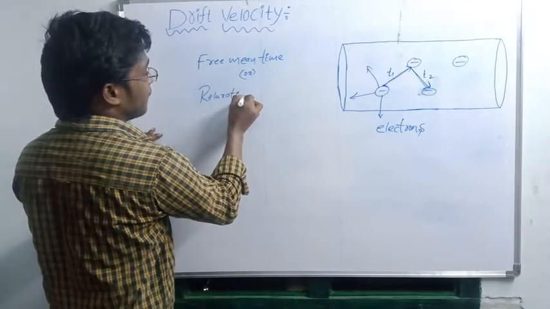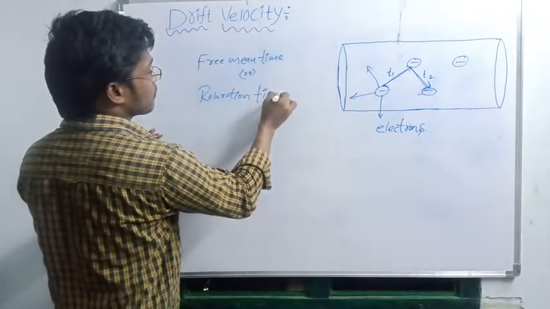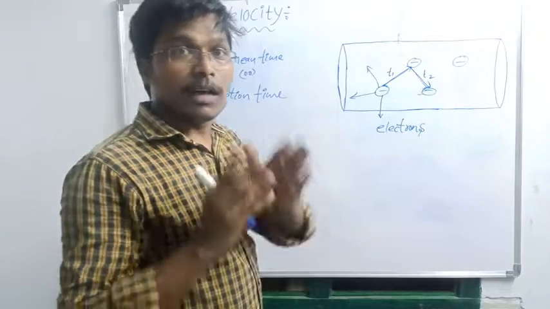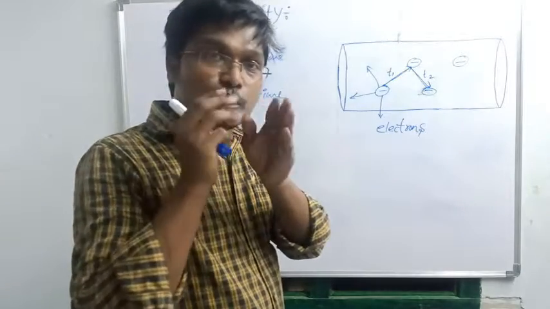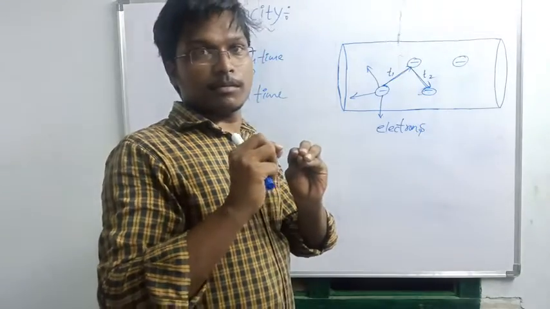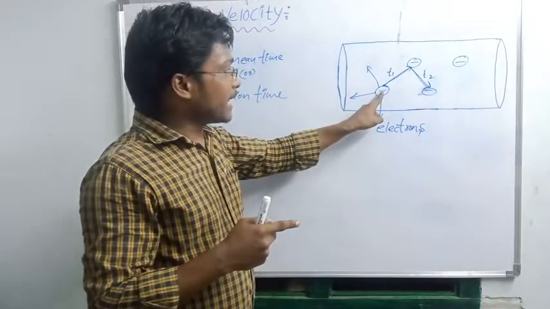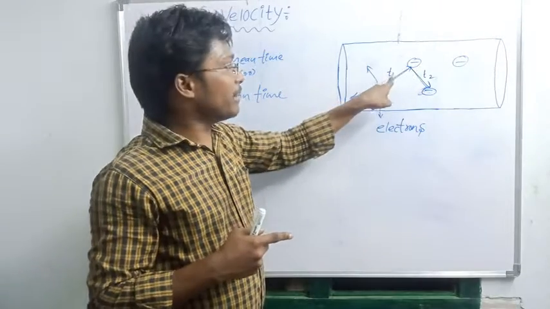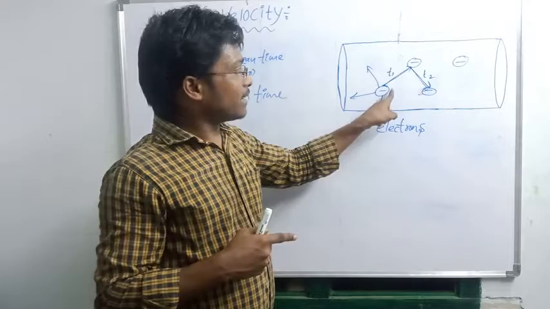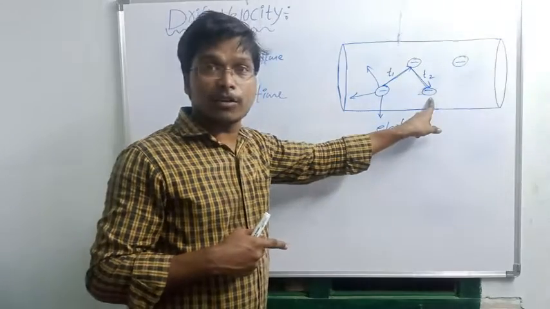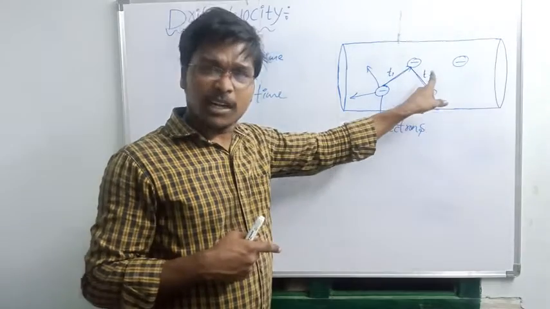Relaxation time: the average time between two successive collisions. This electron makes a collision; how much time? t1. Again the same electron hits another electron; how much time did it take? t2.